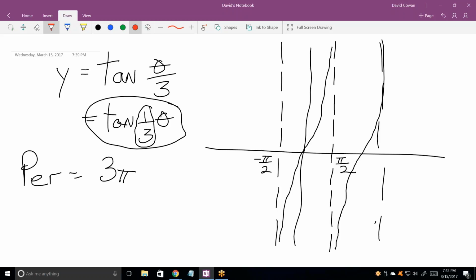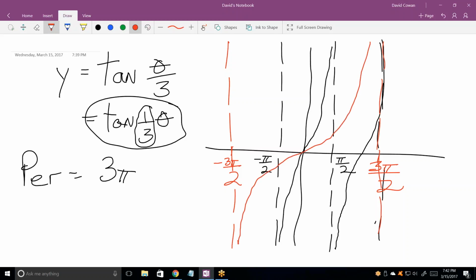Since my total period is 3 pi, I've got to go from minus 3 pi over 2 to plus 3 pi over 2. And I'm only going to draw one function in there, and it goes through 0 at 0 still.